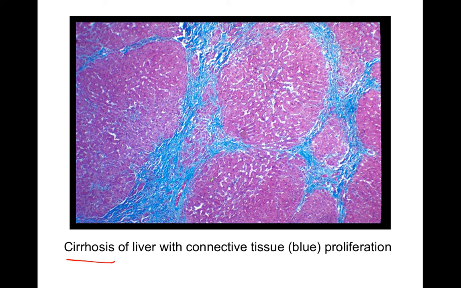Sometimes in the condition called cirrhosis, there is an increase in the amount of connective tissue. This is a special stain for the connective tissue, and we can see here, this is abnormal. This condition is called cirrhosis. Sometimes it happens in people with heavy drinking of alcohol.